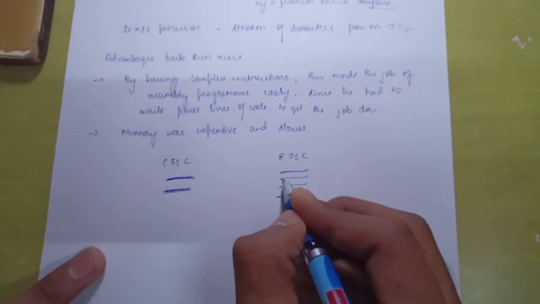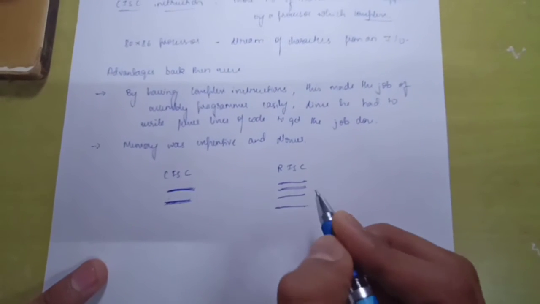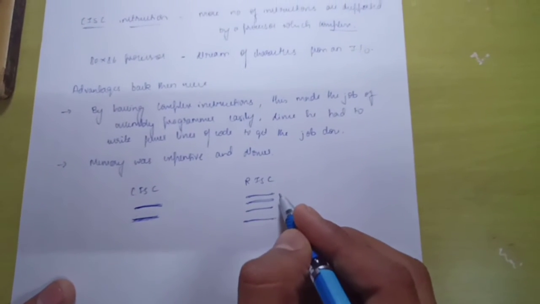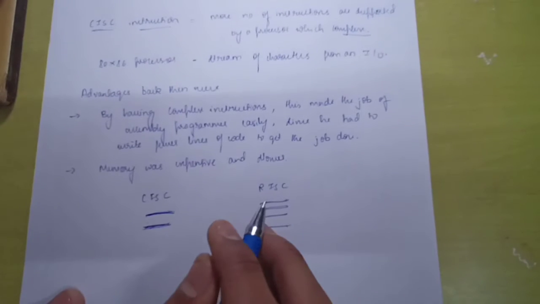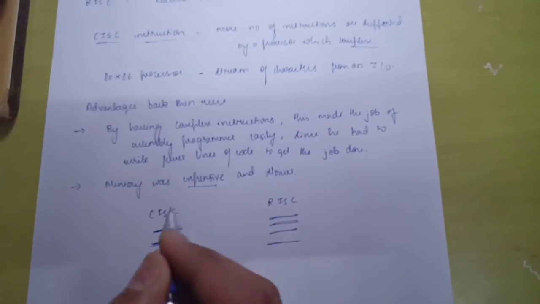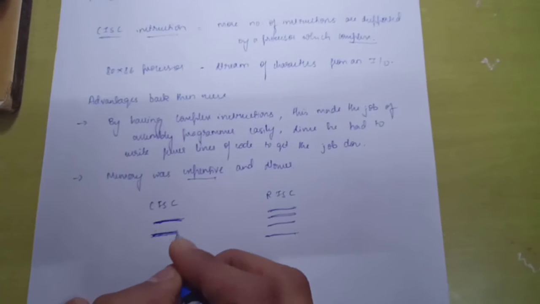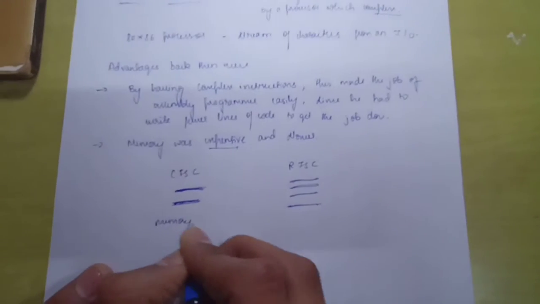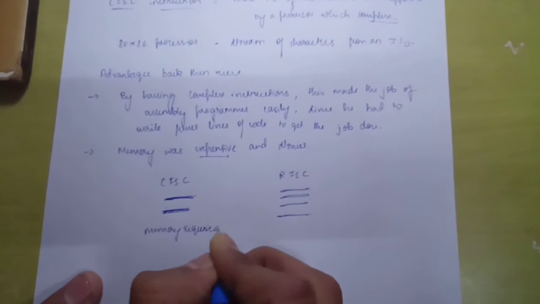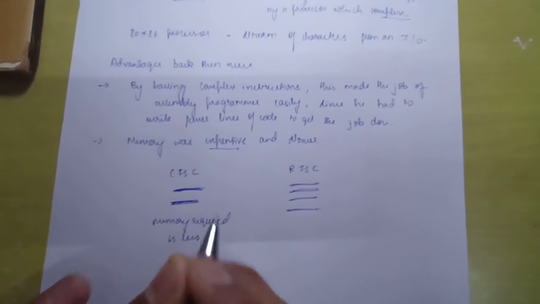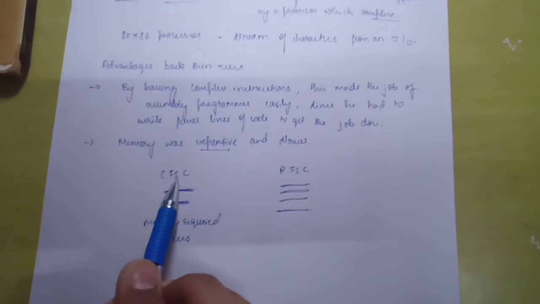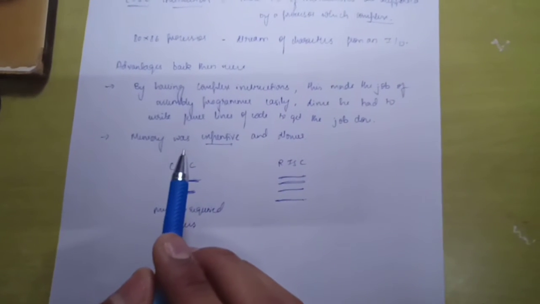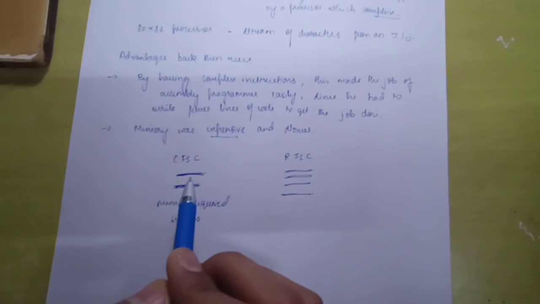Whereas if we take RISC, since more number of instructions would be required to get the same job done, the CPU has to have 4 times access from the memory. And the other thing is, memory was expensive back then. Since only 2 instructions are required, the memory required is less here. So because of the problem of memory, CISC had an advantage back then. But as memory got cheaper and faster, the advantages of CISC got diminished.